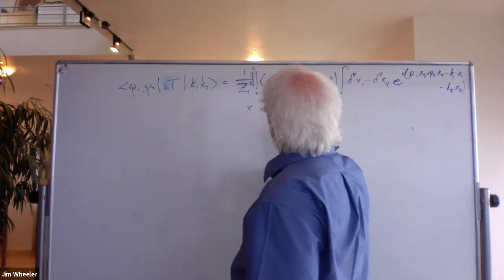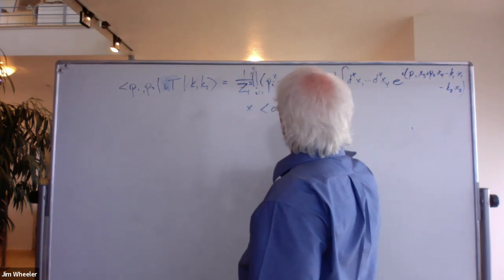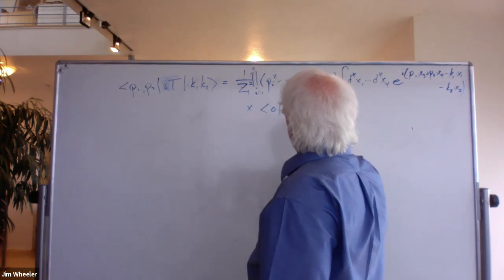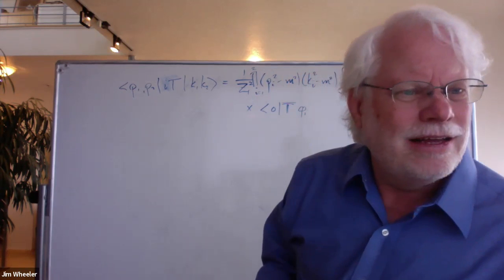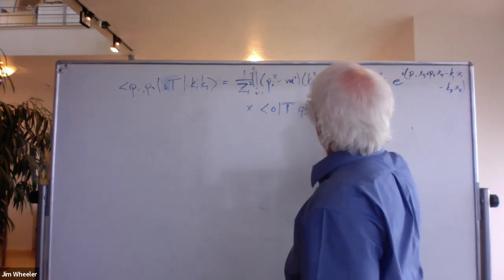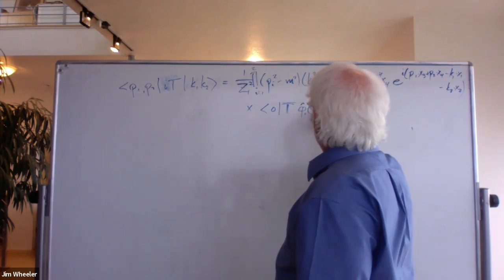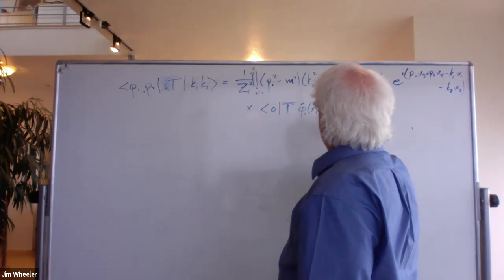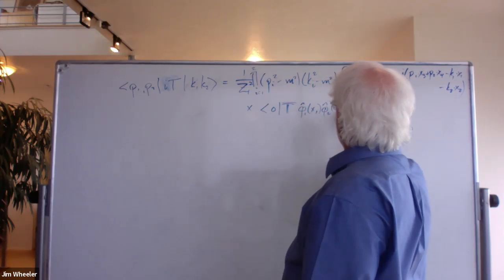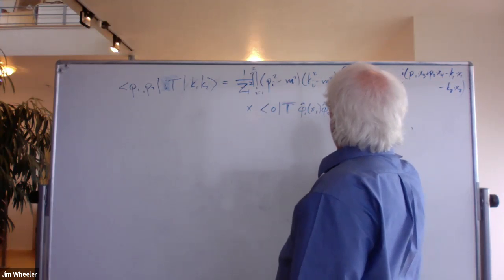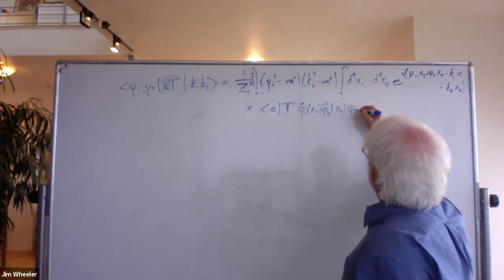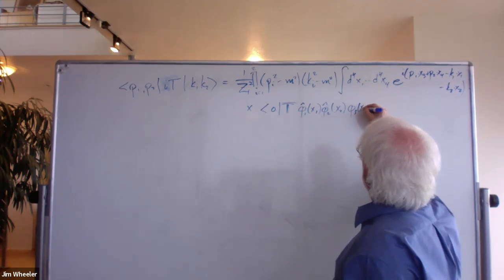The vacuum expectation of a product of fields, where we're going to have phi 1, X1, phi 2. So these are our various incoming and outgoing fields.